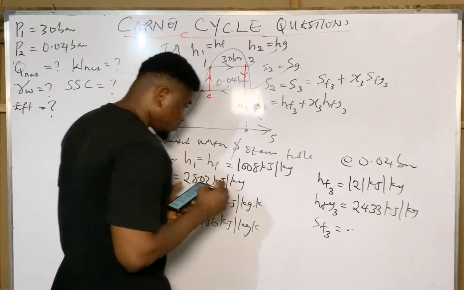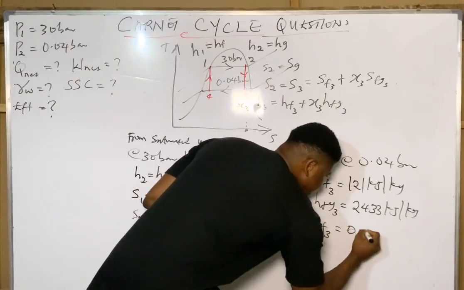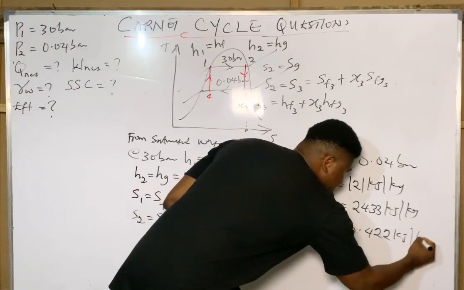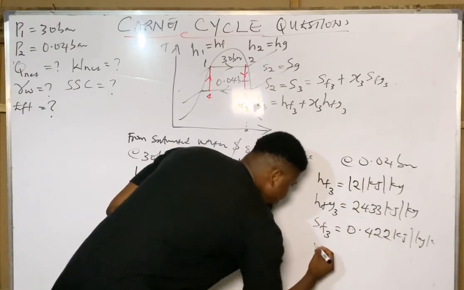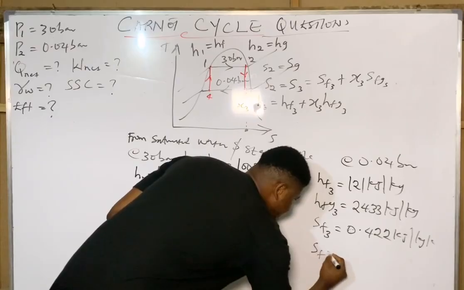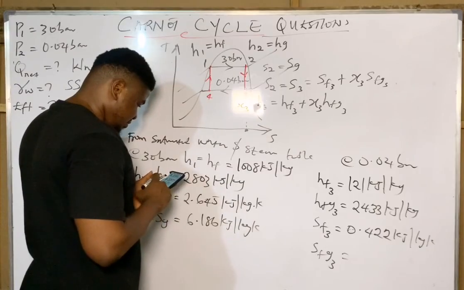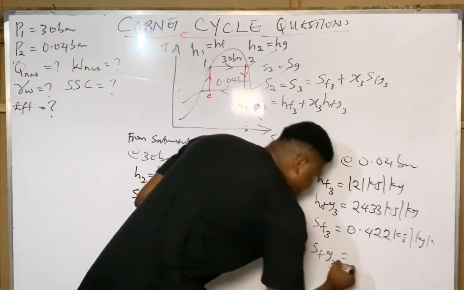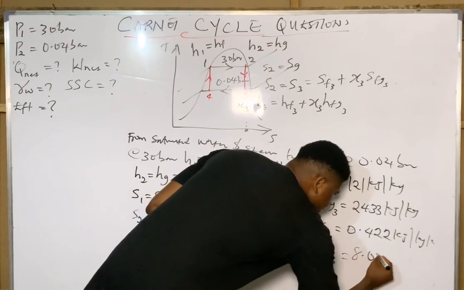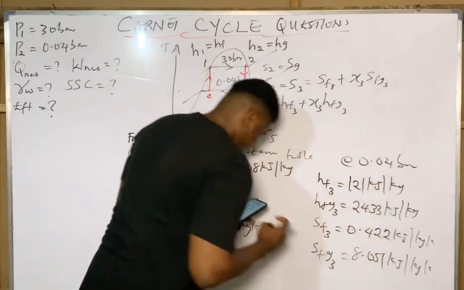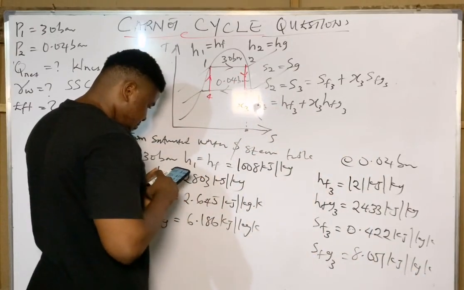SF3 is 0.422 kilojoules per kilogram Kelvin. We'll find SFG3. SFG3 gives us 8.051 kilojoules per kilogram Kelvin.